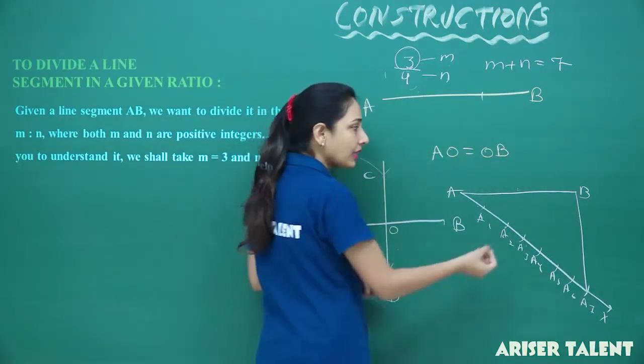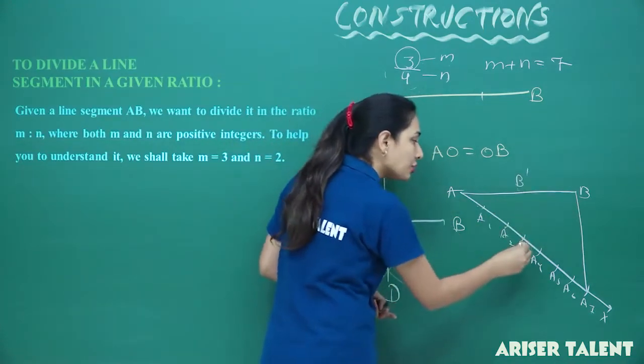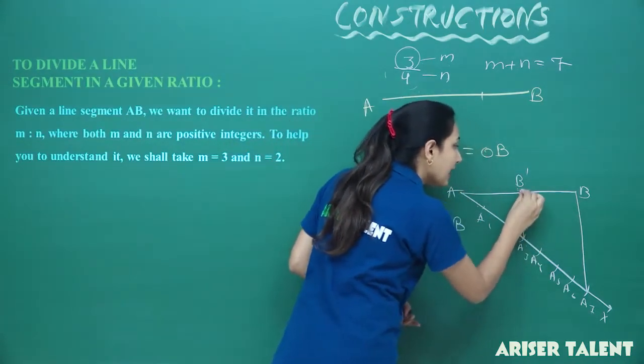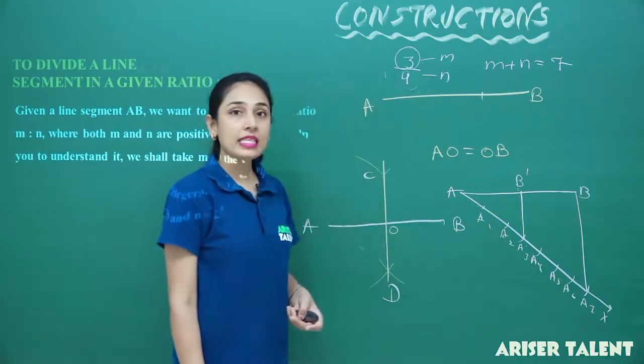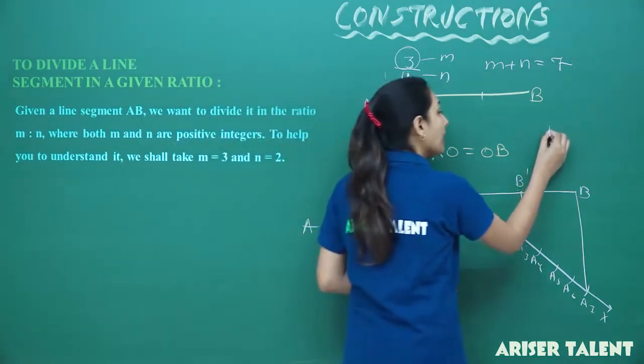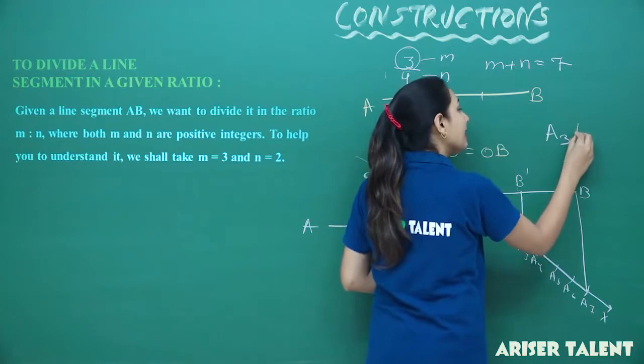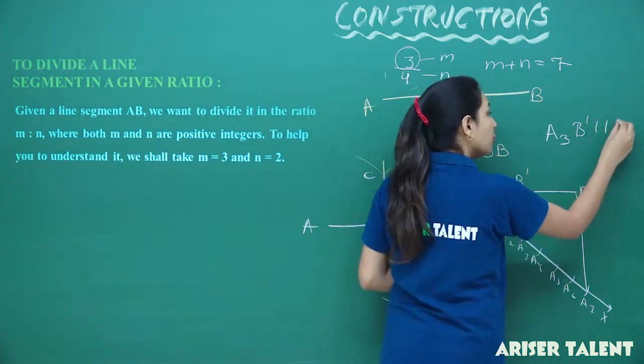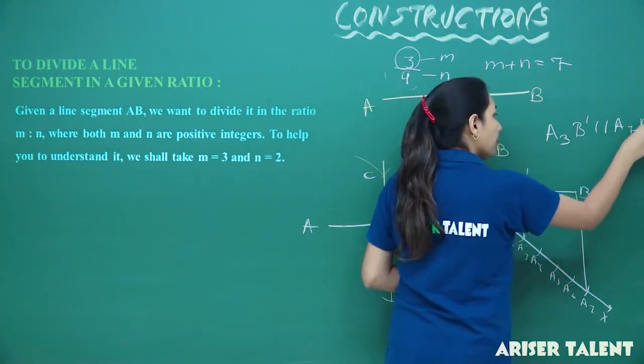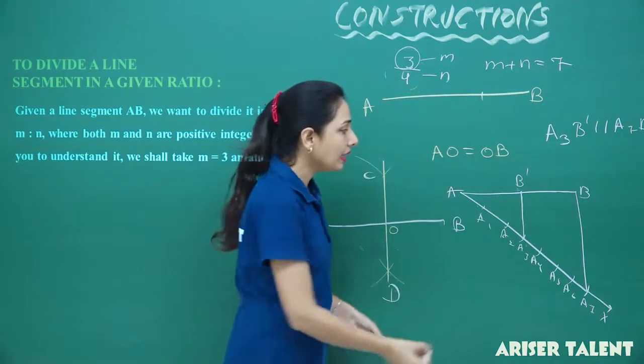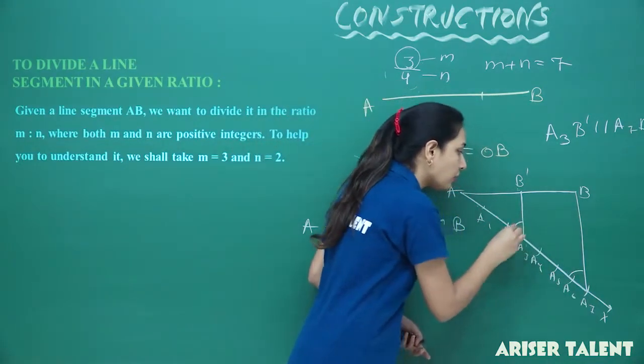So let's have a B dash point here such that A3 B dash is parallel to A7 B. Now how am I going to draw this, A3 B dash parallel to A7 B? If these two lines are parallel, these two angles will also be equal.